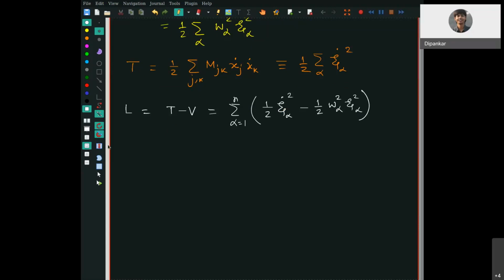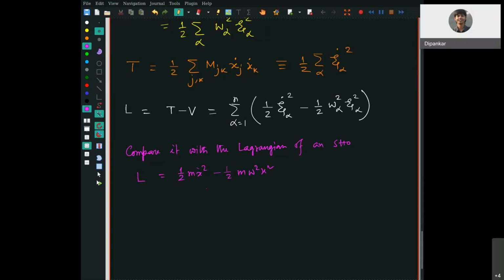The Lagrangian of a simple harmonic oscillator in one dimension is given by half m x dot square minus half m omega square x square.